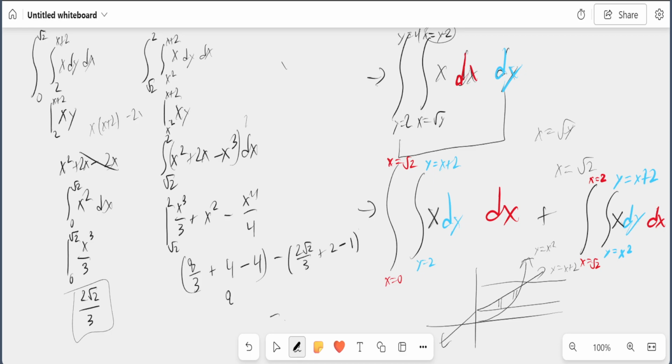So then that's 8 thirds, that cancels out, and this is plus 1. So that's 8 thirds minus 1 minus 2 root 2 over 3. And then you add these areas together, right? And so those cancel out, I think. Yeah, that gives you 5 thirds. But then when we did it the other way around, we got negative 5 thirds. And that's what the answer says too. Oh.